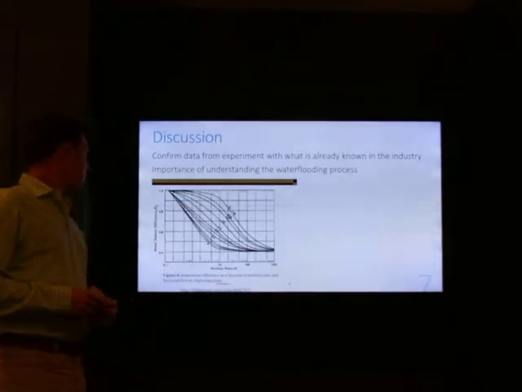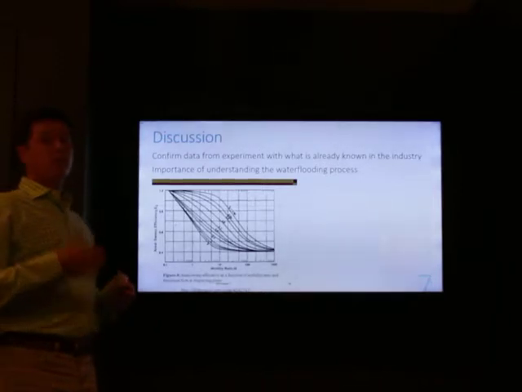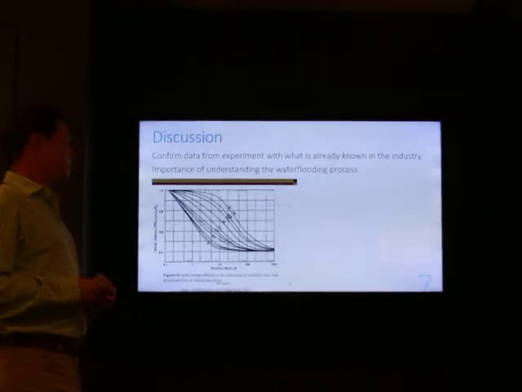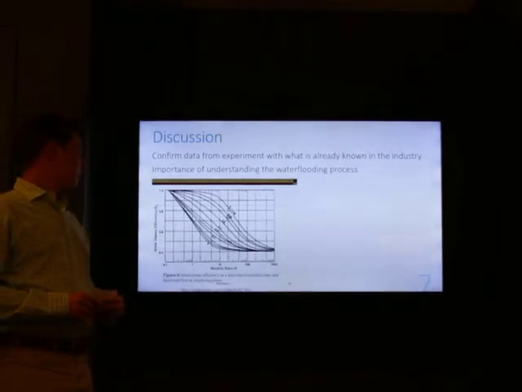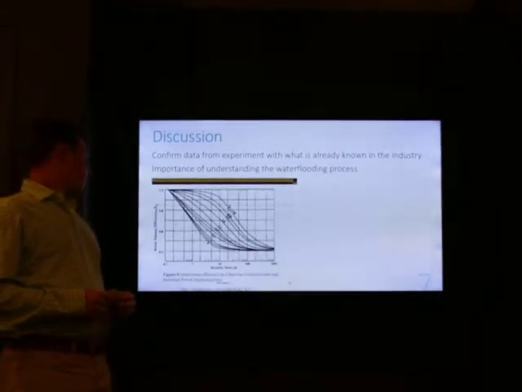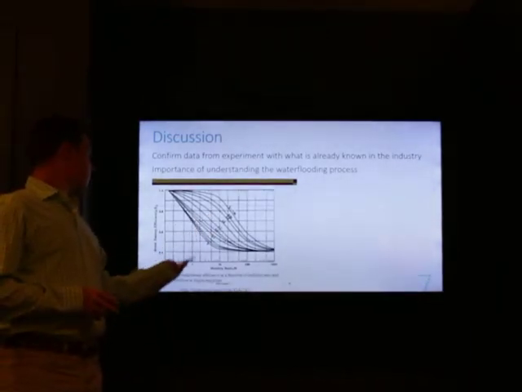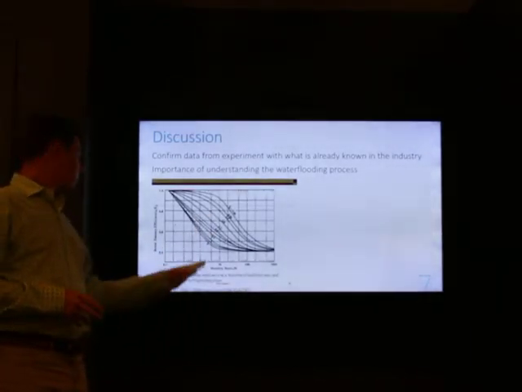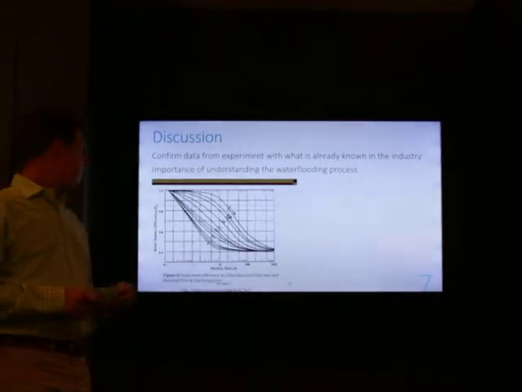Here's a schematic. It has 3 of our important variables that we're going to confirm that are known in the industry: mobility ratio and area sweep efficiency, as a function of fractional flow. If we look right here, we're going to have our mobility ratio. If we look at the graph, less than 1 is going to be a good mobility ratio to have.